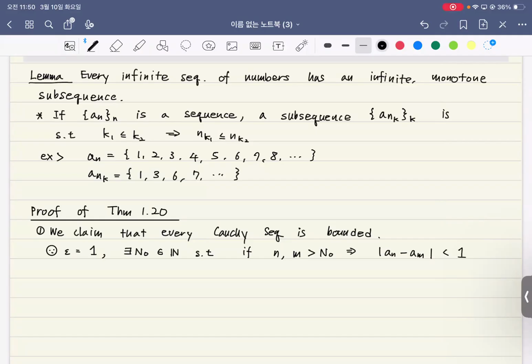For this epsilon, I must be able to find such an integer because we already know that our sequence an is a Cauchy sequence.